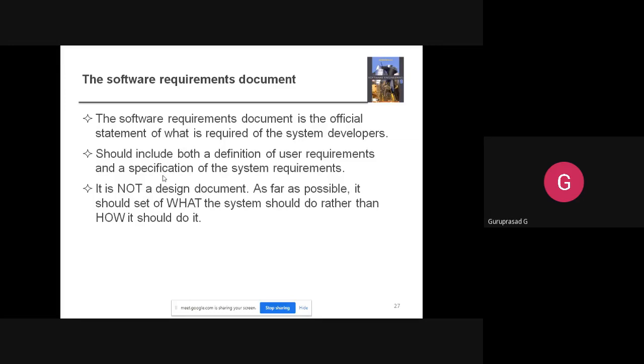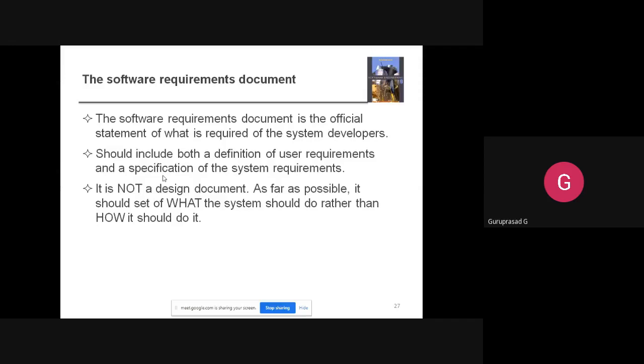It is most important when an outside contractor is developing the software system. As I told you, you are giving the software development work to a third party, so the third party should be very clear about the requirements.